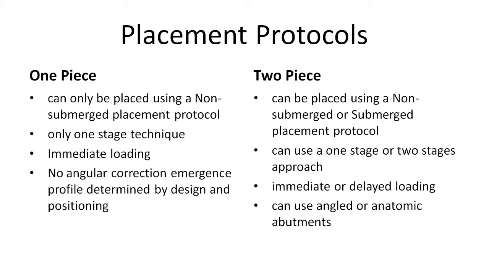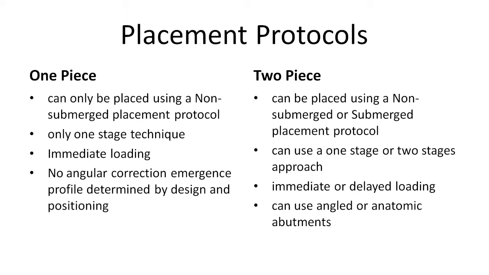Even if you keep the restoration out of the occlusion, there's going to be some sort of loading occurring on that implant. The only way you can avoid loading is to remove one of the patient's jaws, and then you will successfully have an unloaded implant. Otherwise, there's problems with that.